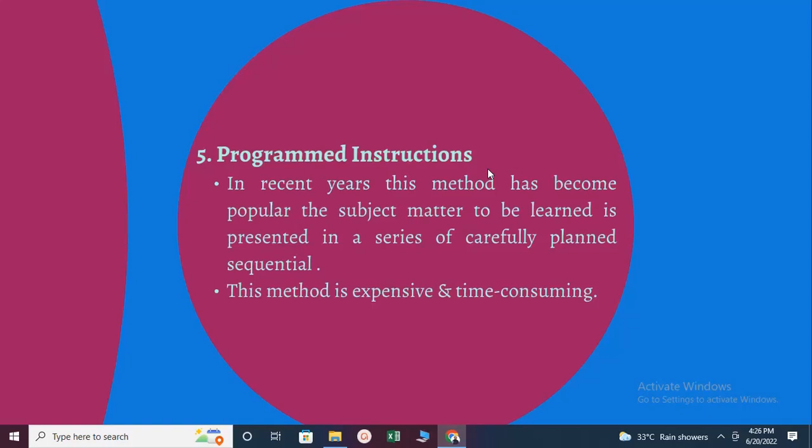You want to give elaborate training about this particular program, and it takes a lot of money and time. Sometimes it will give results, sometimes it may not give the expected result, but it is a very popular method in the present sector.